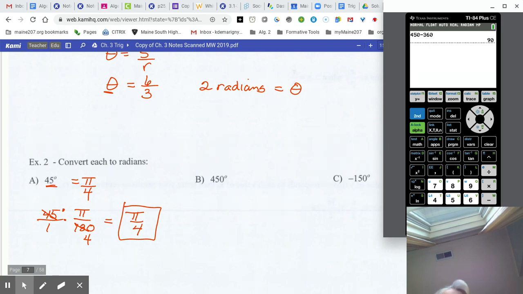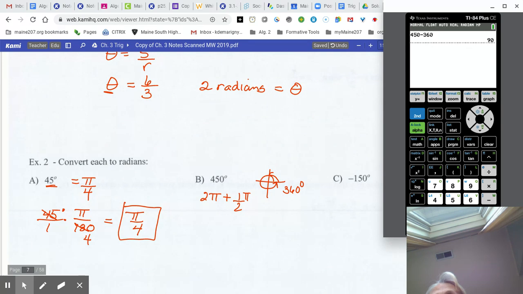You've gone 2 pi when you've gone all the way around the circle to 360 degrees, and then you've gone 90 more degrees, so that's another half of a pi. So I'm going to add another 1/2 pi.